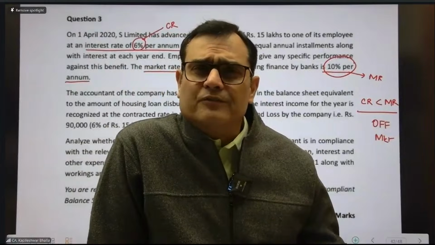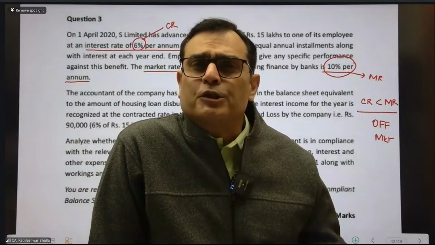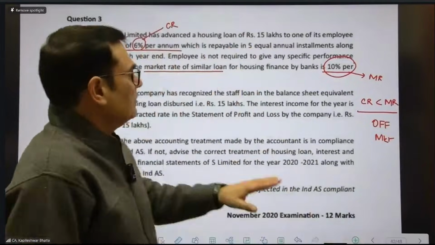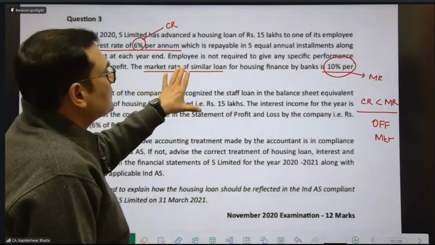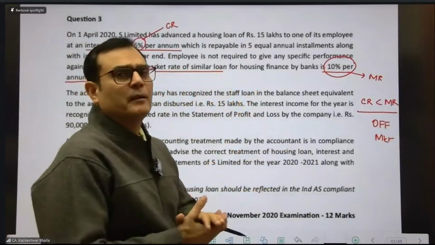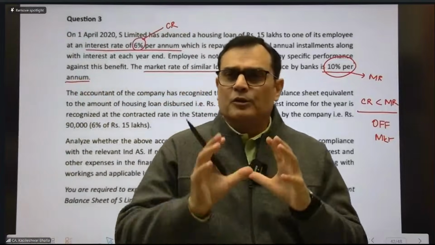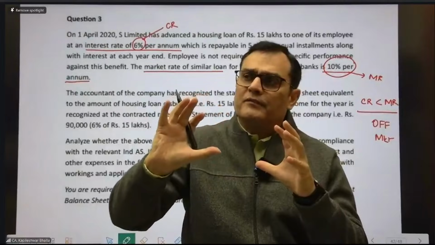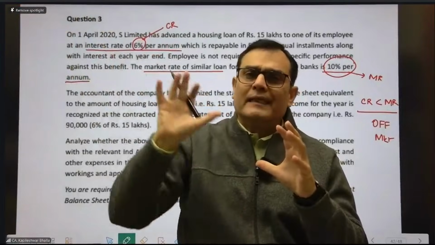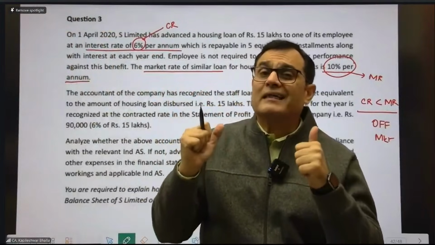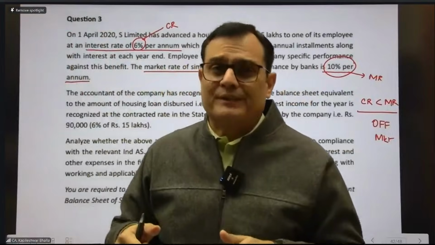Now, I believe that these kinds of concession loans, and when it says the market rate for similar loans for housing finance by banks, you're looking at loans which are given by the banks to the public. And here I'm looking at a loan which is given by a company to an employee.